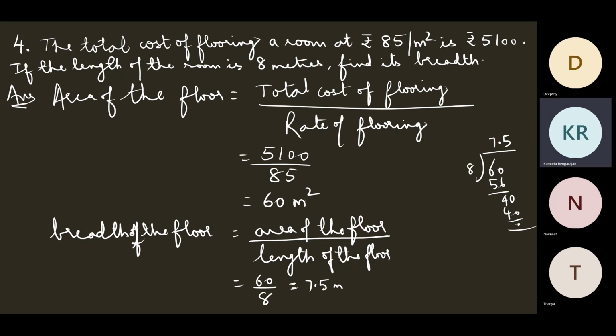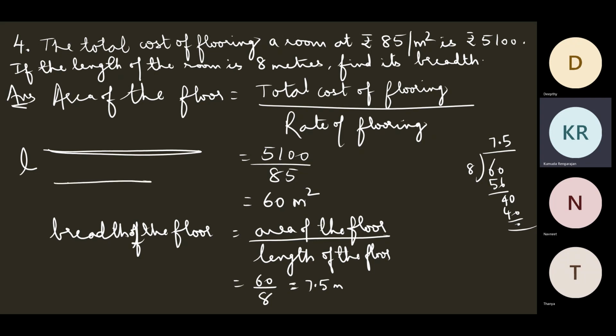So like that, we got the area of the floor, 60 meters square. The question is to find the breadth. And we know that the breadth is area by length. Area 60 and length is 8. So 60 by 8 is the breadth of the floor. Children, don't get confused. The length of the room and the length of the floor are the same.